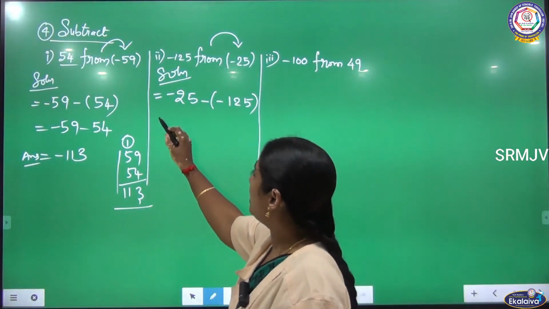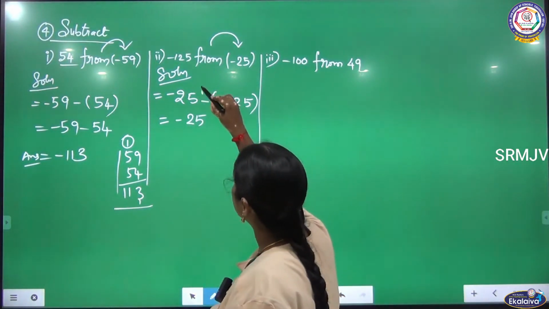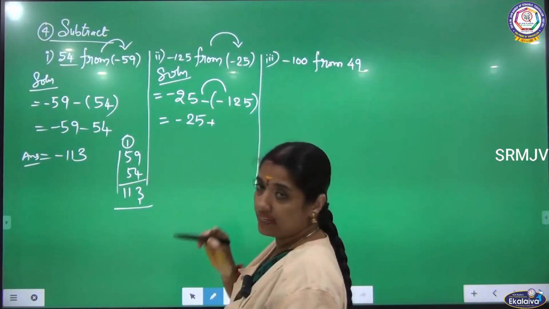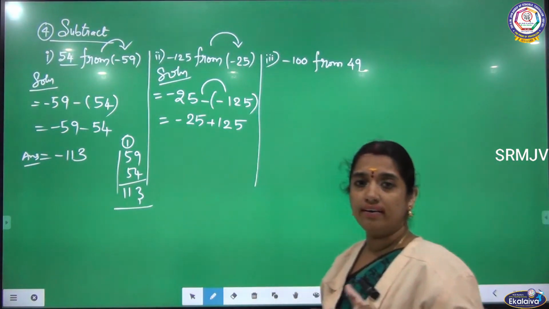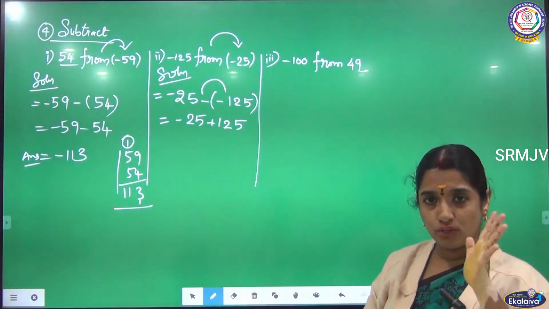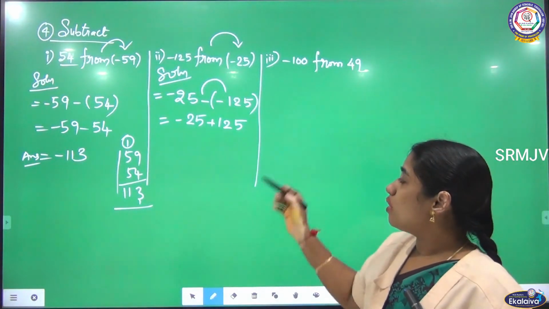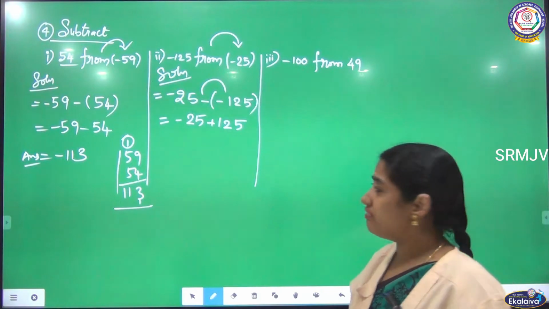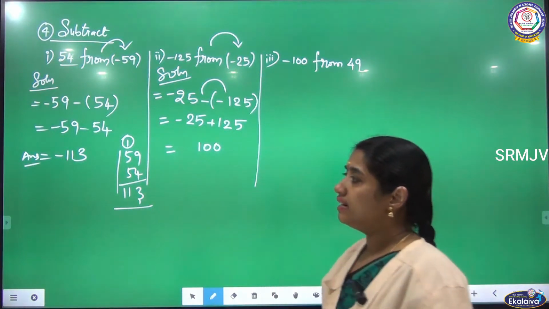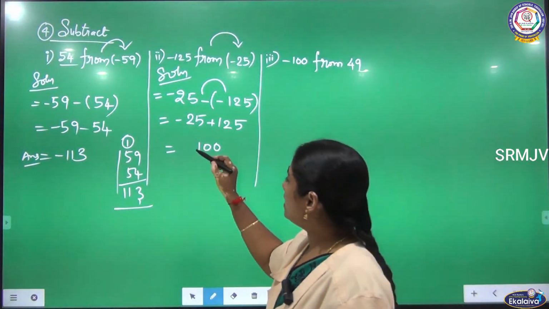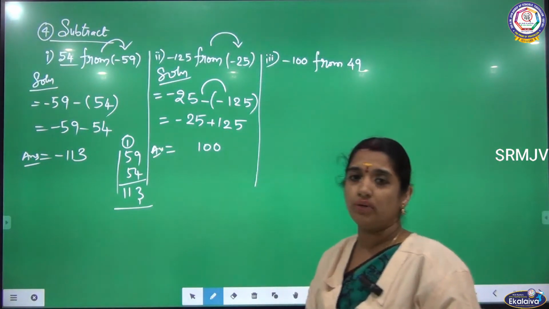Now minus 25, write as it is, minus into minus, which is plus 125. Here the signs are alternate, so I am going to subtract. 125 minus 25 is 100. Plus is greater here, so plus 100 will come.